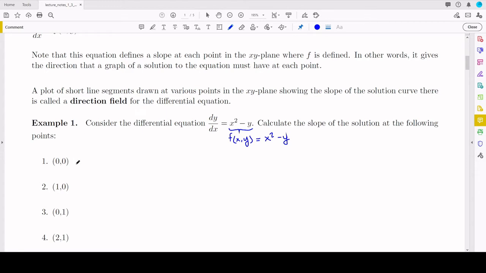Now at the point 0, 0, we have f of 0, 0 equals 0 squared minus 0, and that equals 0. So that means the slope of the solution is 0.